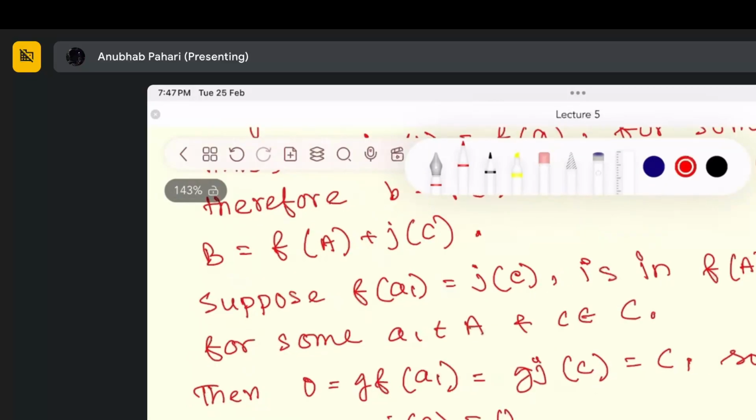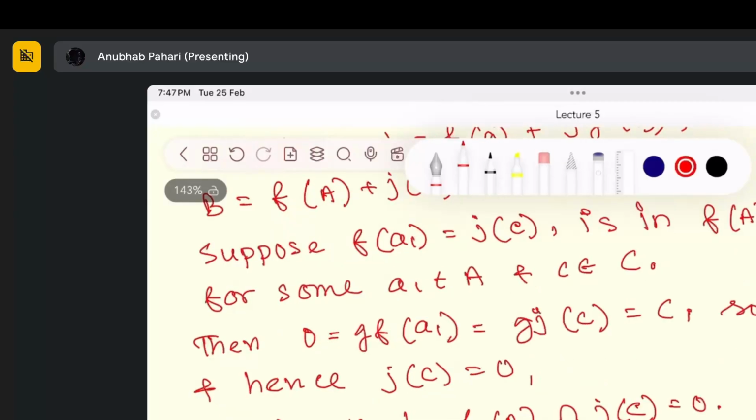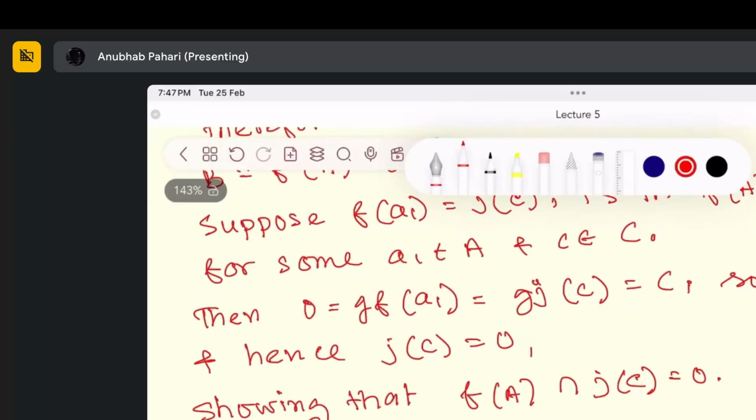So for the final statement, f is one-one, so f of A is actually isomorphic to A. Suppose J of c equals 0 for some c, then c equals g of J of c equals 0, showing J is one-one.